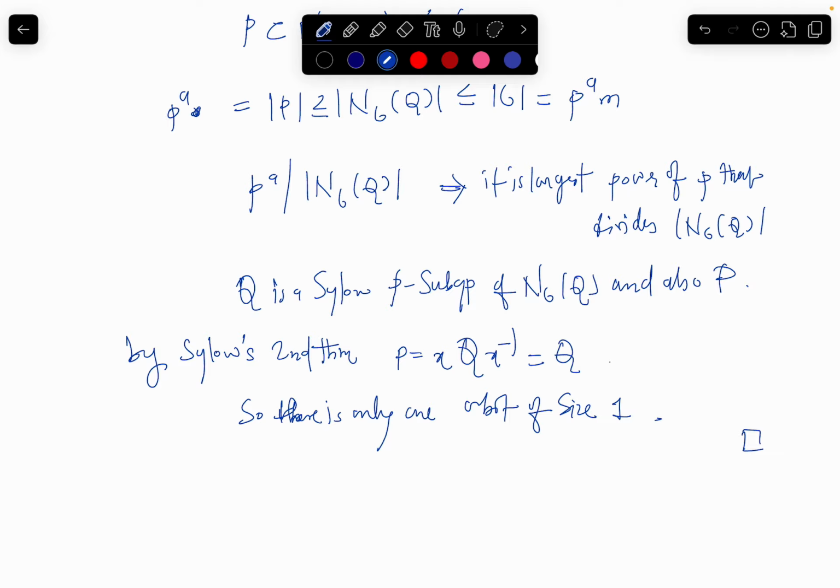So let us understand this with some examples. I think we can appreciate this theory if we understand some examples.